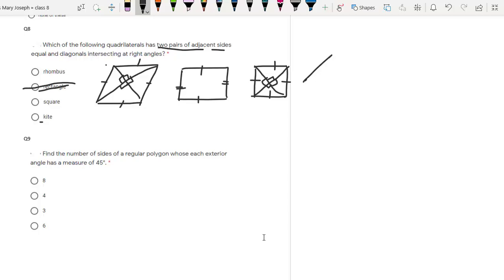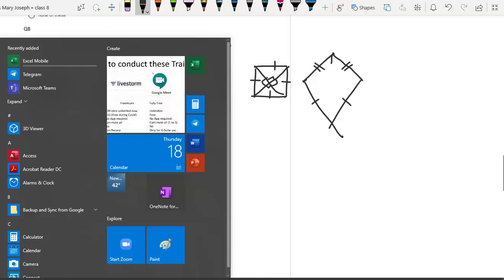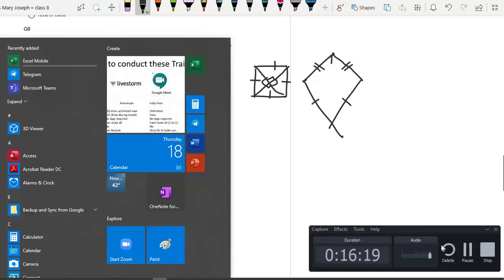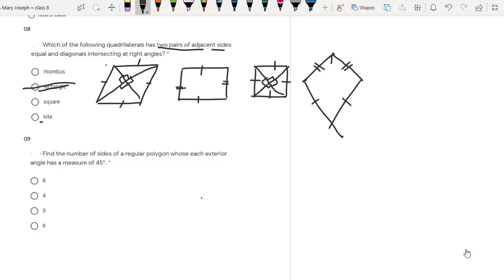In kite we have adjacent sides equal, so in kite we have seen adjacent sides are equal and diagonals bisect each other at right angle, hence this is the correct answer. Okay.